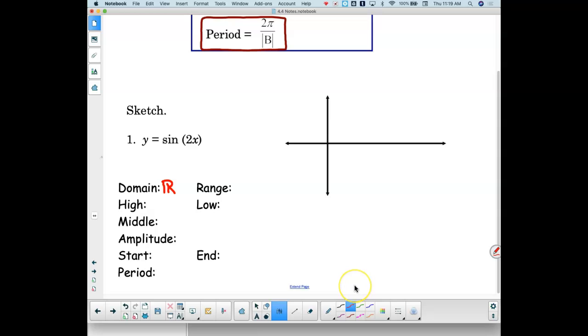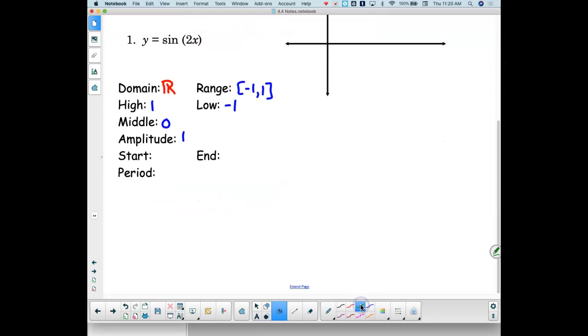My amplitude here is 1, which means my high is at 1 and my low is at negative 1, which means my range is from negative 1 to positive 1. This one is going to start at 0 because we don't have a C value. C values are tomorrow; we'll talk about starting at different spots. But I know it's going to start there.